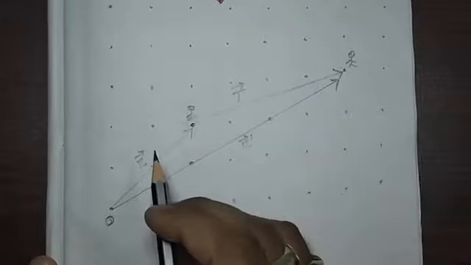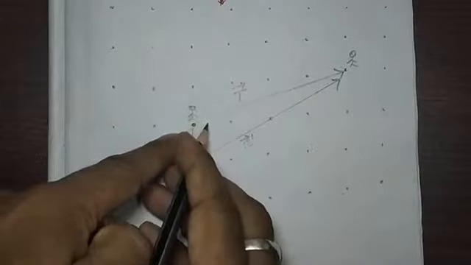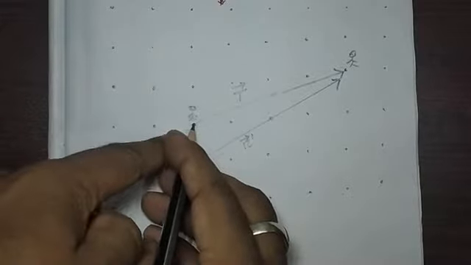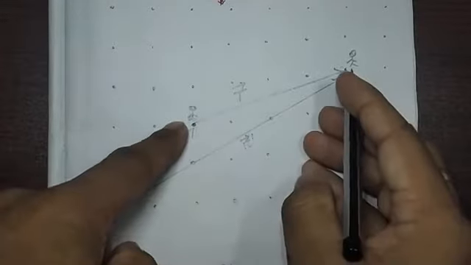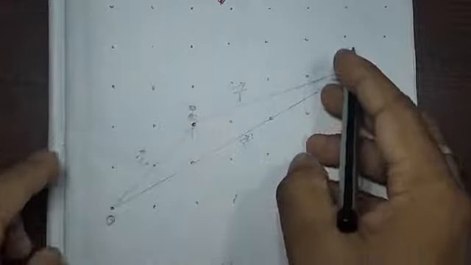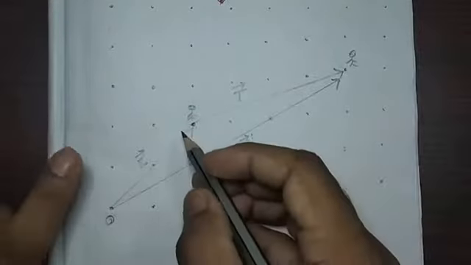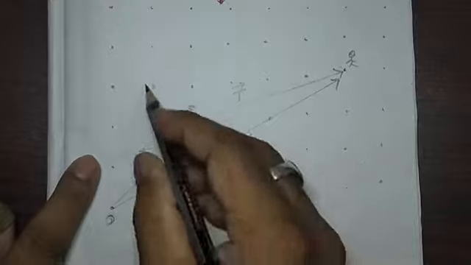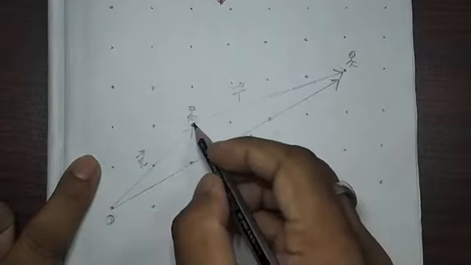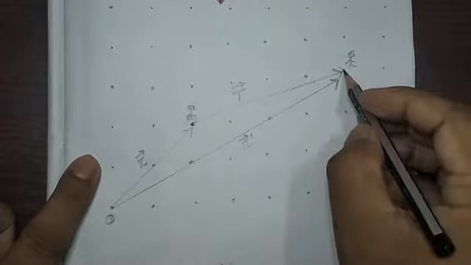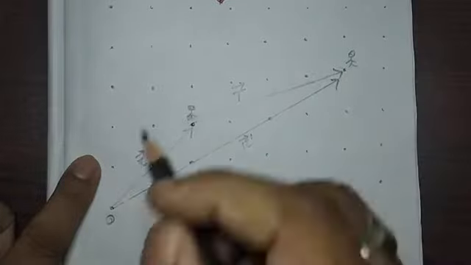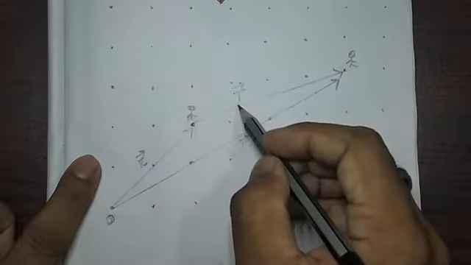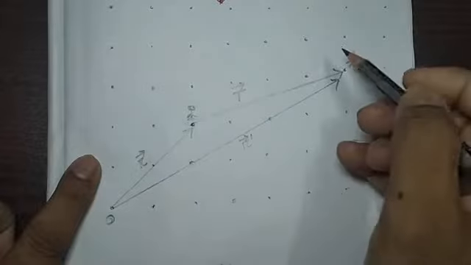That means if I apply the translation vector on this lattice point, it moves from here to here, and here also its surrounding is the same. Whatever the surrounding was for this lattice point, here it is also the same. So after applying the translational operation, we got the alike situation.